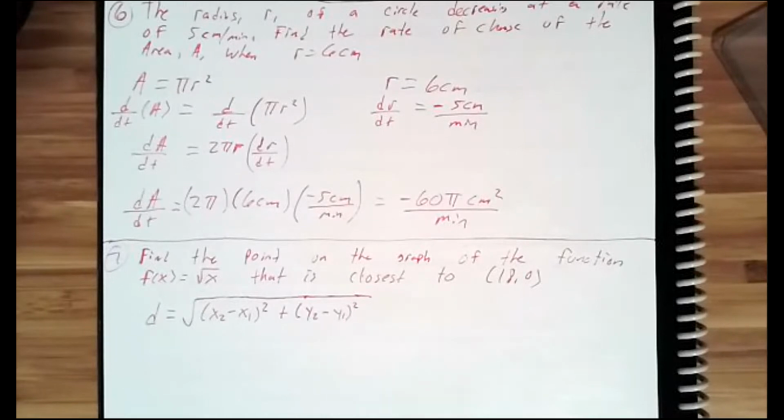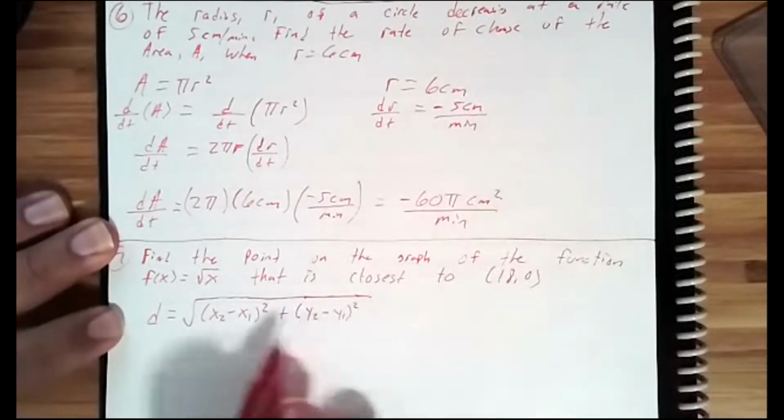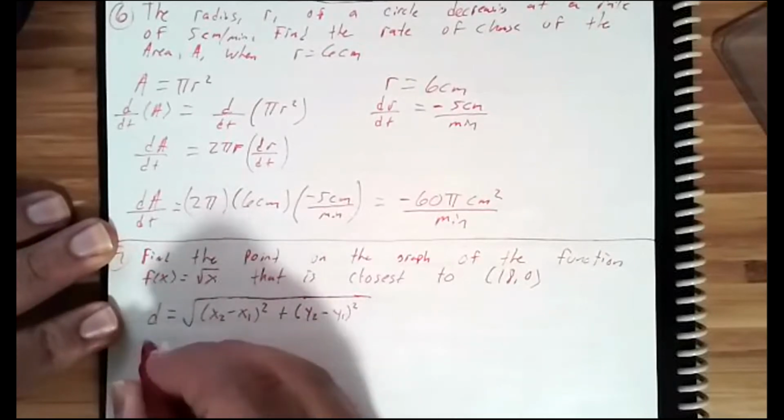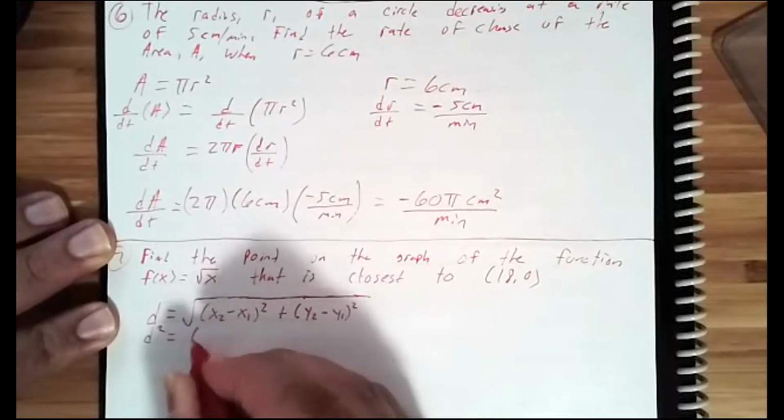Alrighty. And let's get rid of the square root, because right now this is kind of annoying to deal with. So if we square both sides, we're going to have d squared equal to this, right?